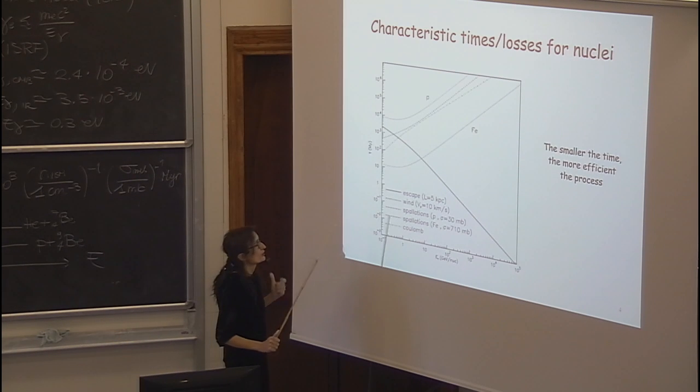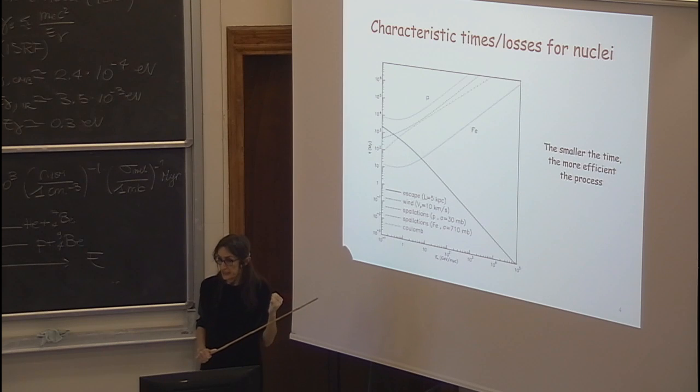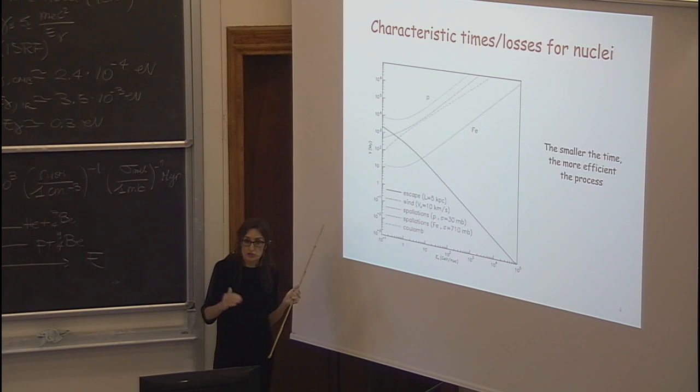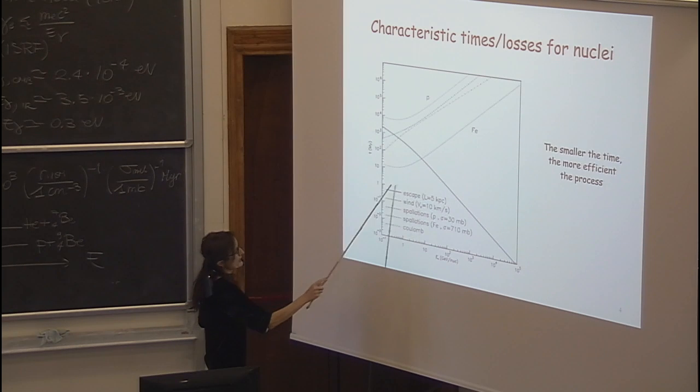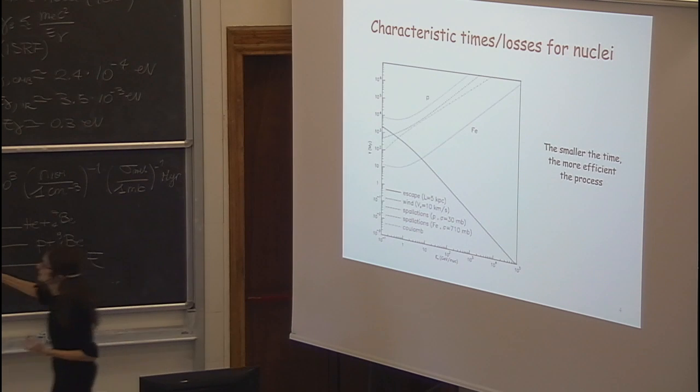And in order to be acquainted with the different quantities, here there is plotted the time in mega years. So I hope it is clear that the shorter is the time associated to a process, the more effective is this process, because it happens quickly. So this line we have written here, escape, it means diffusion. Diffusion means this term here in the diffusion equation.